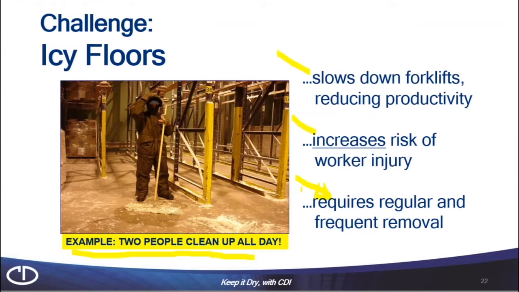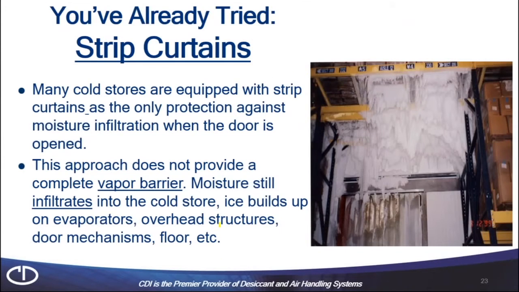So what have you tried so far to stop this moisture, to stop water from getting into the cooler or freezer? Well, many cold storage areas are equipped with strip curtains as the only protection against this moisture infiltrating when that door is open. Well, this approach does not provide a vapor barrier.